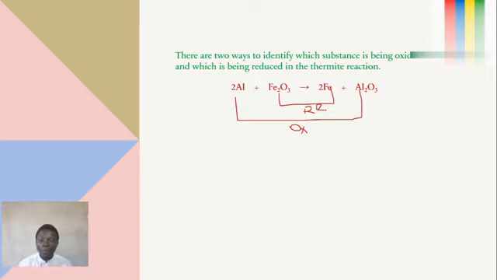So iron 2 has been reduced. Good. Where we have reduction, we are going to have oxidizing agents. So the one that is being reduced becomes the oxidizing agent. The one that is being oxidized becomes the reducing agent.